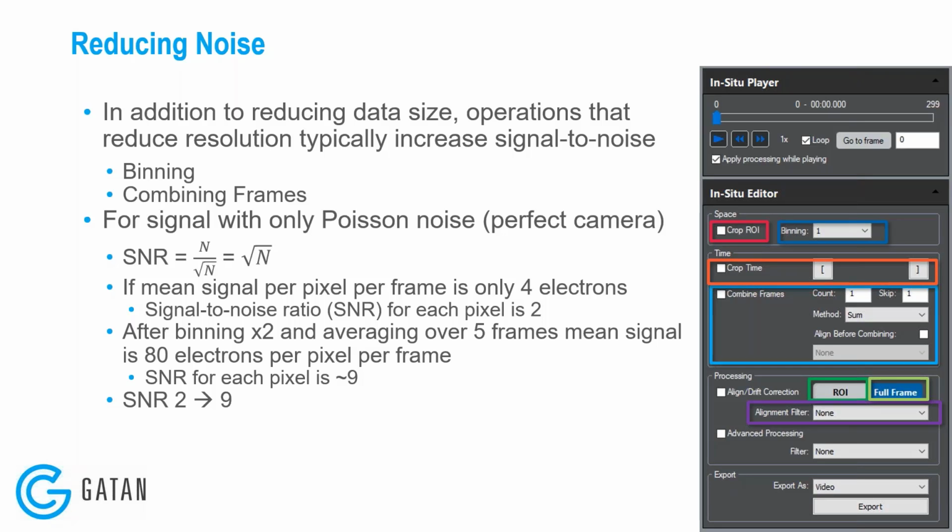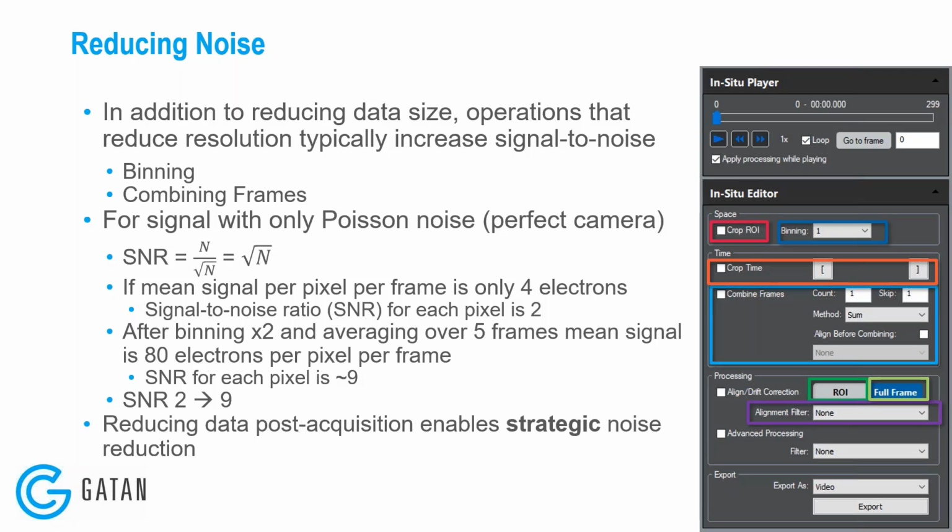And so this can be a great way not only to decrease the amount of data, but also increase the signal to noise. And again, doing this after acquisition enables strategic noise reduction. So I can do binning if that's the thing that makes the most sense, or if averaging frames makes the most sense, I can do that.